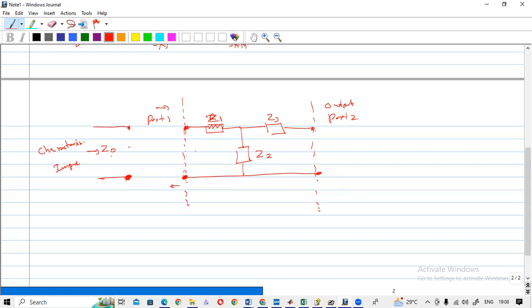When the signal is coming out and you are connecting to a Z naught transmission line, again this impedance is not equal to this one, and the signal can be reflected here.